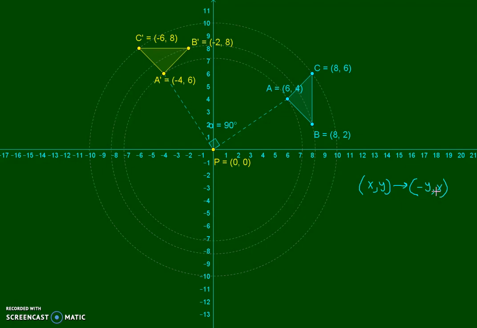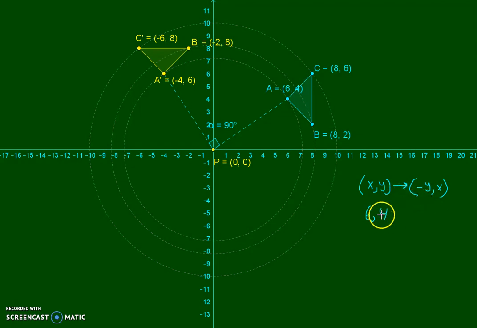Now let's use that, and let's go ahead and rotate through 180 degrees. What we're going to do, in essence, is we're going to take these points and rotate these points 90 degrees counterclockwise. So from a fundamental standpoint, we're applying two 90-degree rotations counterclockwise to each one of these points. So just to take point A, we went from (6, 4).